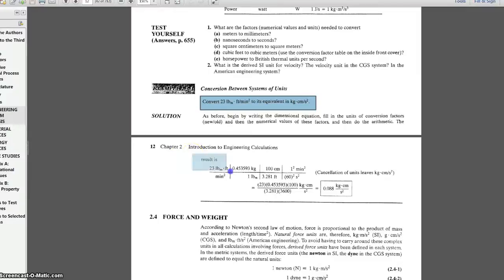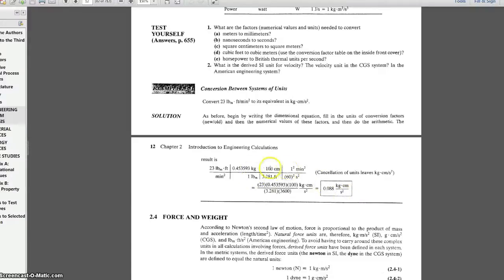So here is the workflow. The result from 23 will end up as 0.088 kilogram centimeter over second square.